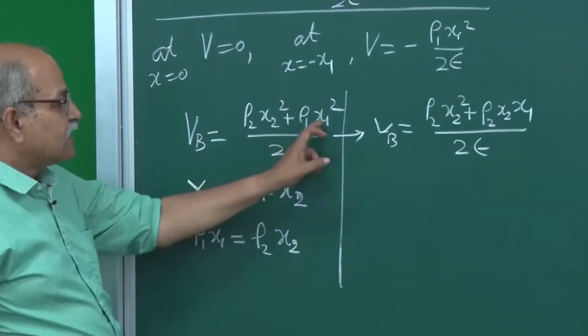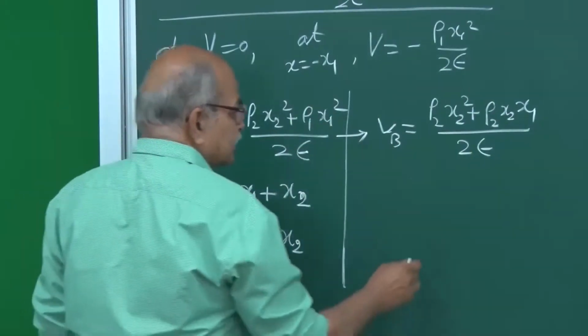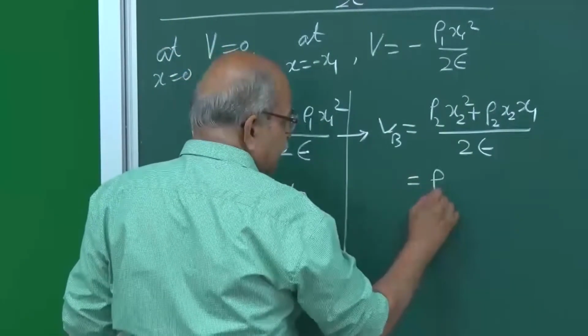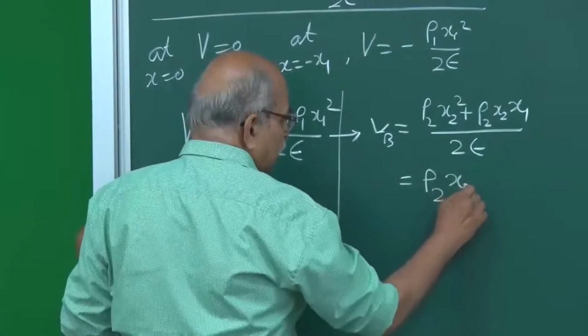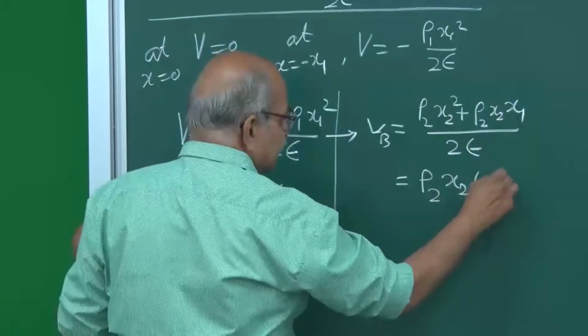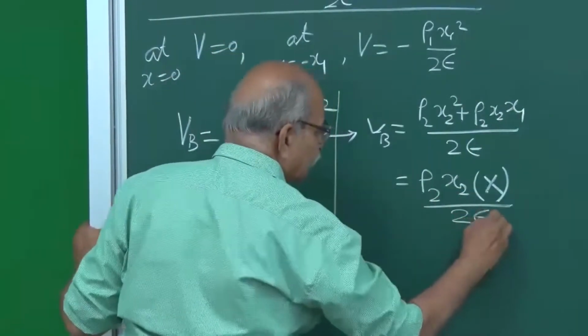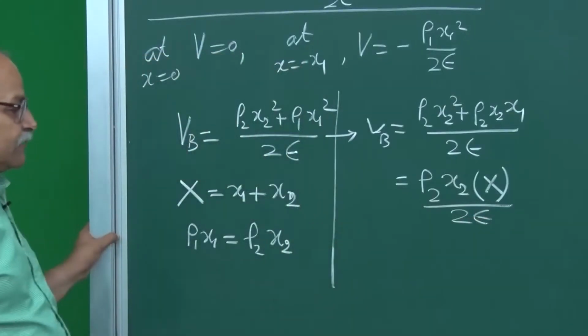This rho 1 x1 is rho 2 x2 and one more x1 here. So you take rho 2 x2 common and you get x2 plus x1, which is capital X. So this is 1.